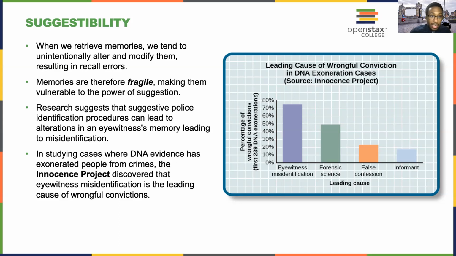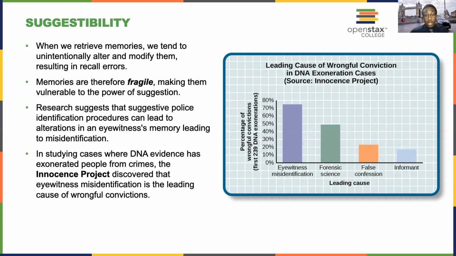In this study by the Innocence Project, they reported that eyewitness misidentification was the leading cause of wrongful convictions in 239 DNA-based exonerations of individuals who were originally charged with committing a crime and sentenced, and were later found to be innocent.